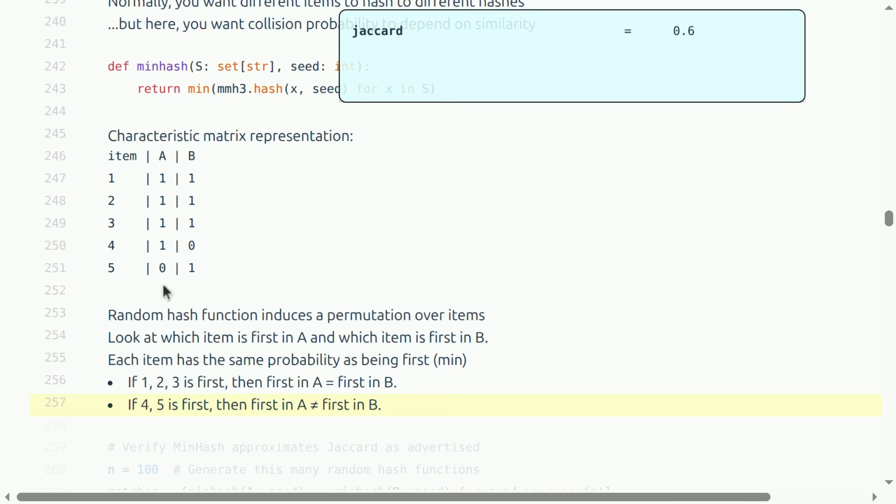Okay, so look at this representation. Basically, the random hash function says, elect one of these rows to be first. And then the min is telling me whether the min of A equals the min of B, which is basically telling me whether that row is the same.